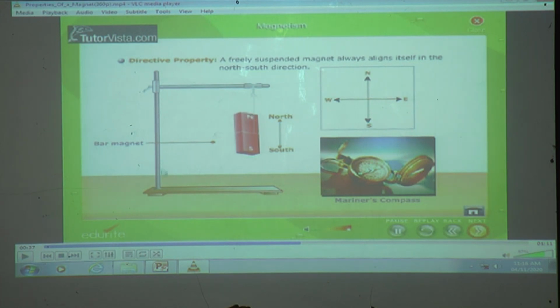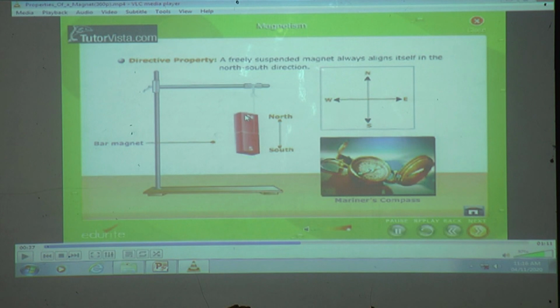So here you can see a stand is kept, and to this stand a bar magnet is tied. We made this bar magnet freely suspended. After this bar magnet comes to rest, what we will see is that this bar magnet is in a north-south direction.